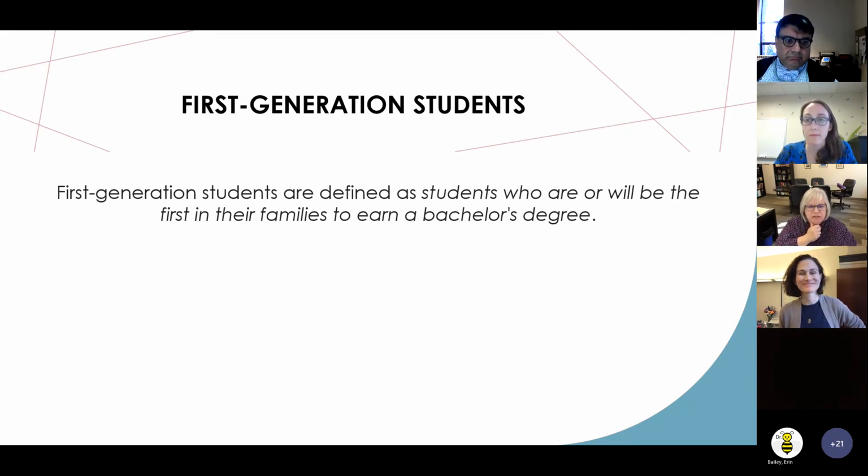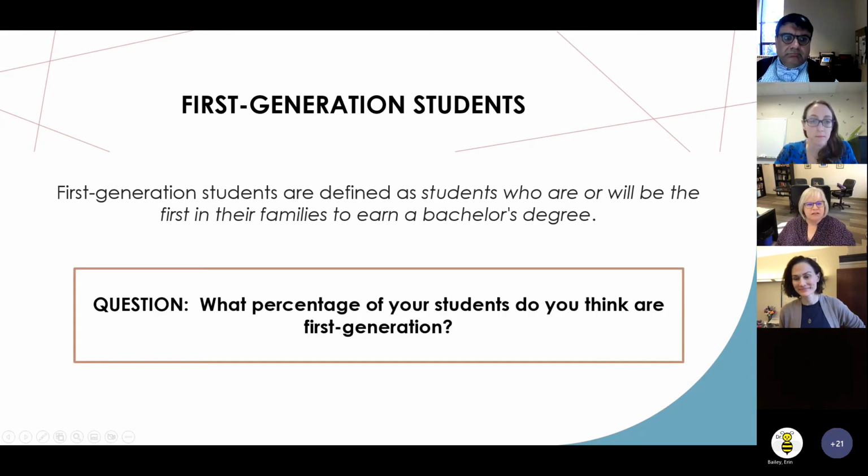And just as a question, what percentage of your students do you think are first gen? Go ahead and put it in the chat if you want, before I do the big reveal on the answer. 60%, 40 to 60, 80%, maybe half, less than 10%. 35, 50.